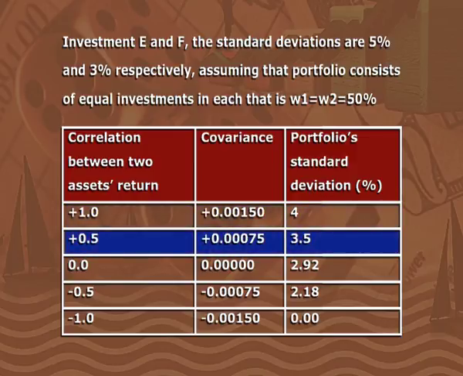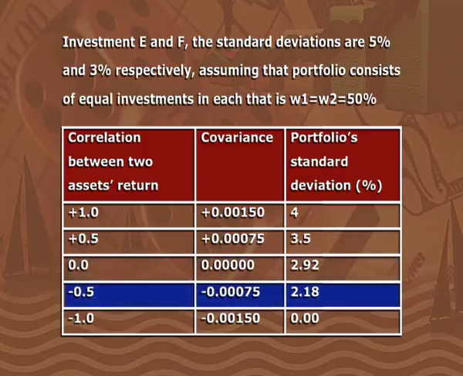Where the correlation of two assets is +0.5, the covariance is +0.00075 and the portfolio standard deviation is 3.5%. When the correlation between two assets' returns is 0, the covariance is also 0 and the portfolio standard deviation is 2.92%.